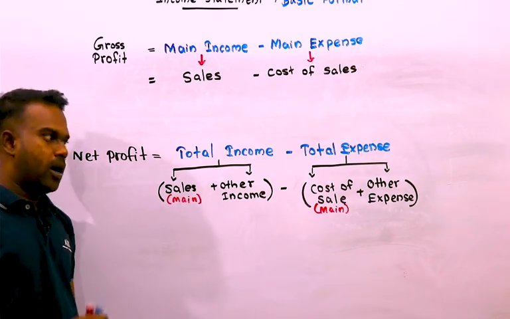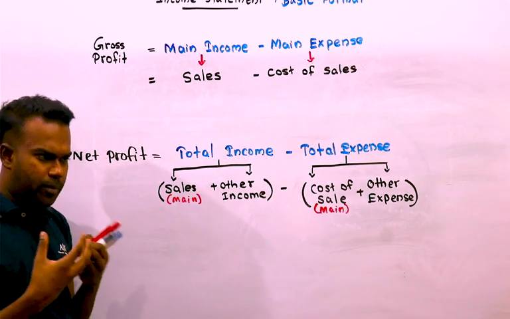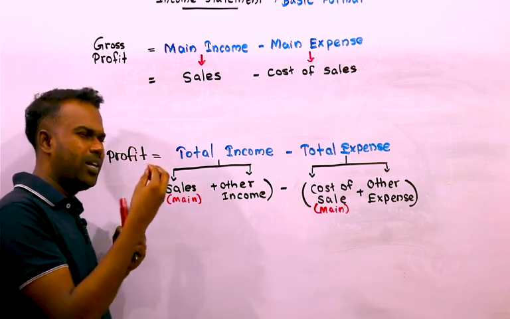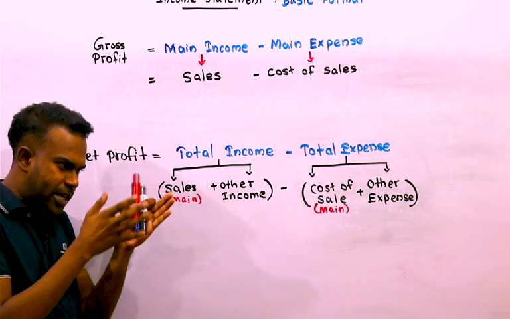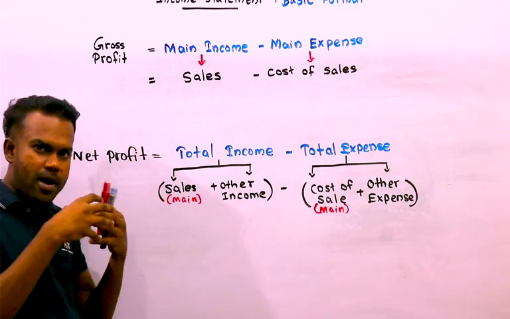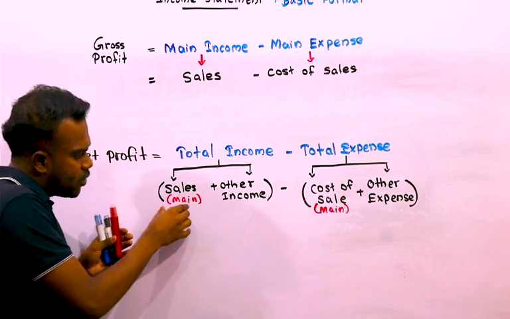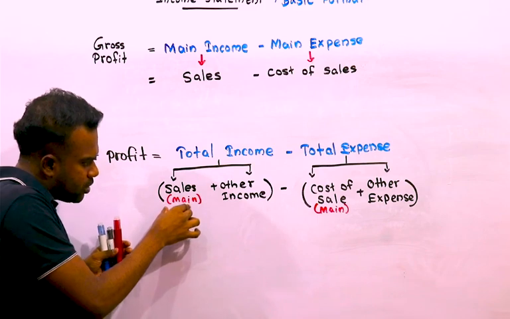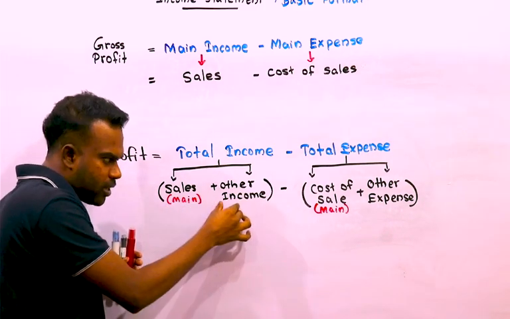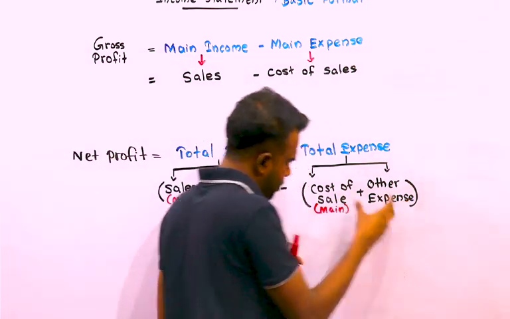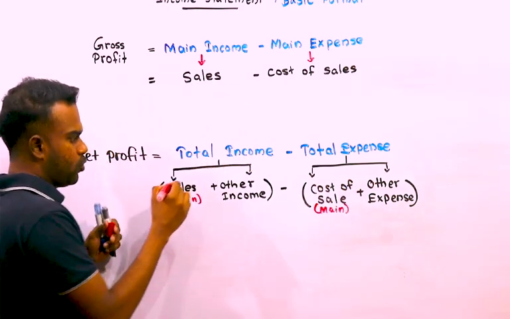Now, I am going to simplify this net profit equation, total income minus total expense, but I will change the figures and simplify the equation, right? Here you can see main incomes and other incomes, main expense and other expense. Can you see these two words?